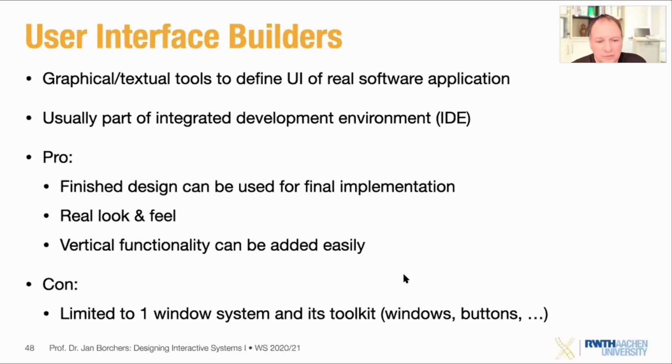The disadvantage, of course, is usually you are limited to a particular windowing system, right? If you design something with, for example, Xcode, the Mac OS development environment, then you're tied to writing apps for the Mac, for the iPhone, for the iPad, for the Apple TV, and the Apple Watch, right? The Apple ecosystem, basically.